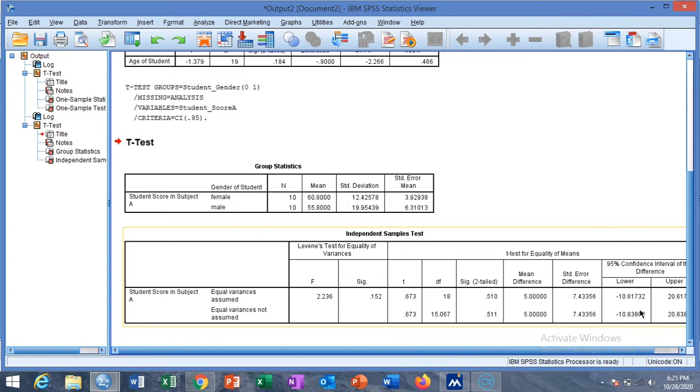This is the lower confidence limit, and this is the upper confidence limit. But we observed that the means of the two groups are equal, and there is no significant difference between the score of male students and the mean score of female students.